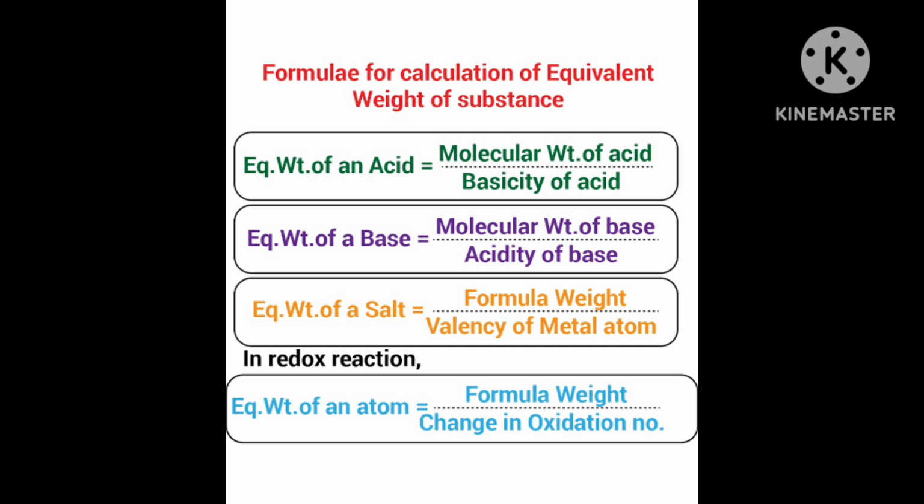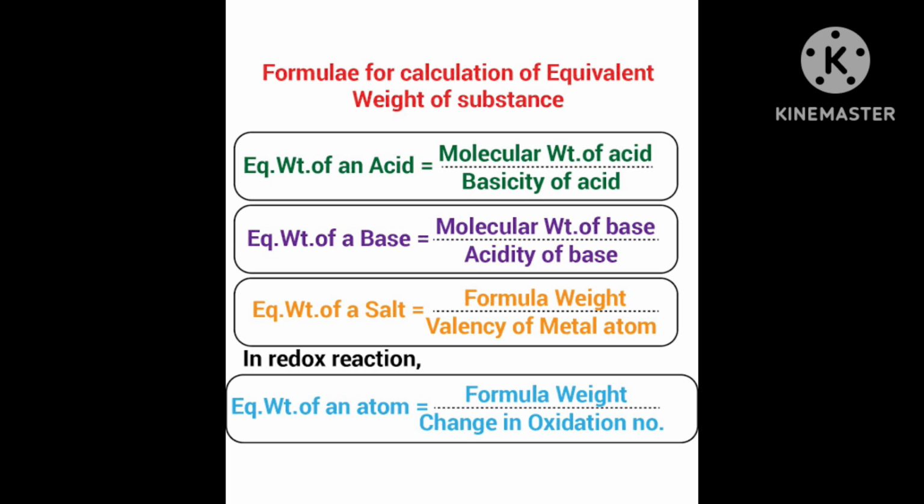That will be the equivalent mass of that substance which can react with or displace 1.008 gram hydrogen, either directly or indirectly. Second, the weight of the substance which can react with 8 gram oxygen, that weight is the equivalent mass.